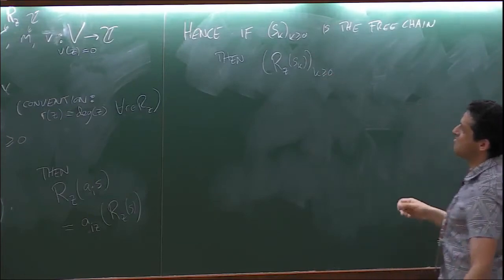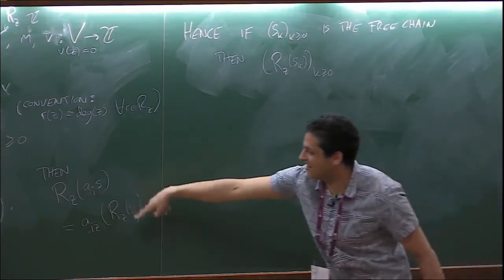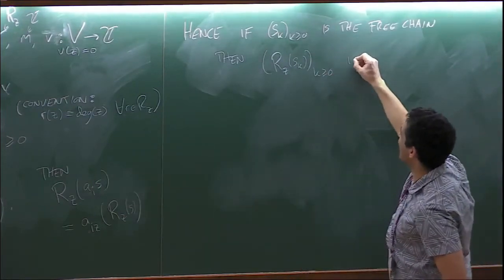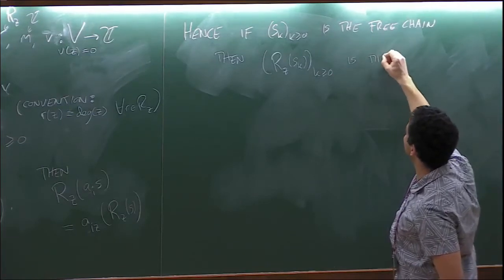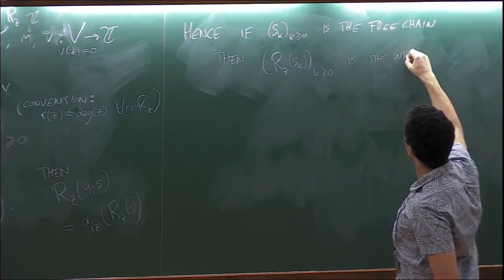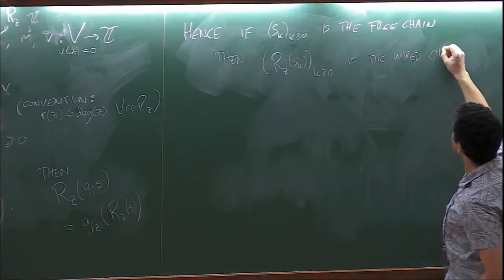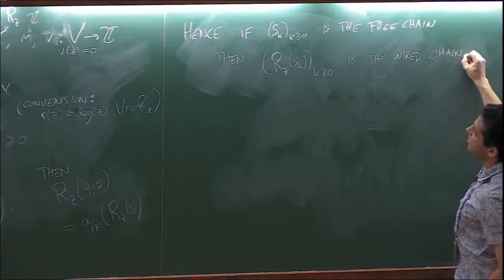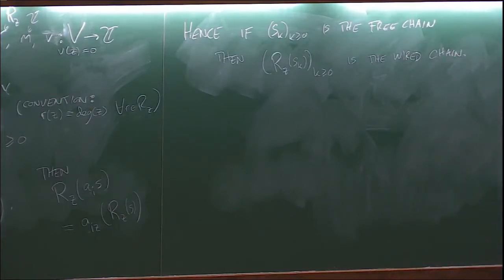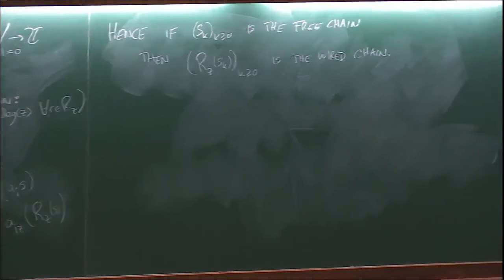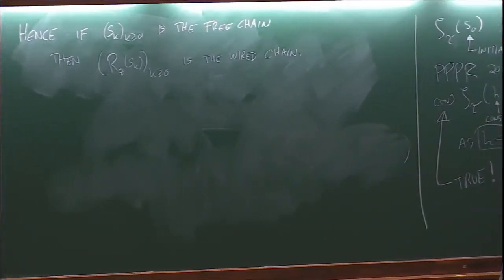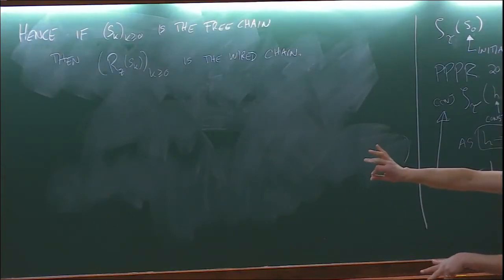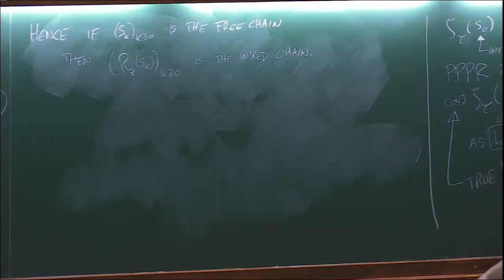So in general, it need not be a Markov chain, but because of this identity, it is a Markov chain. And not only that, it is the wired chain. Okay. So this lemma kind of packages everything model specific that the proof needs.